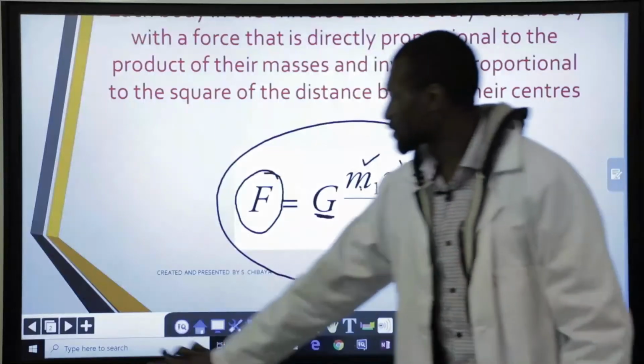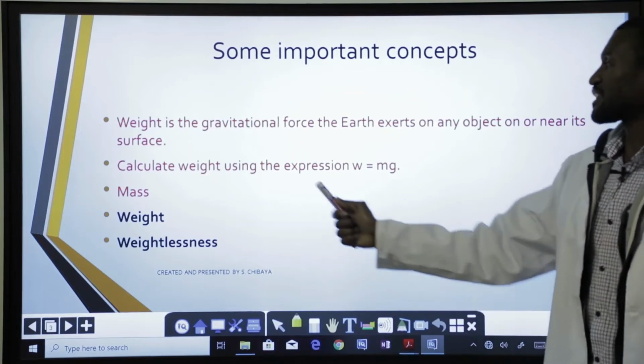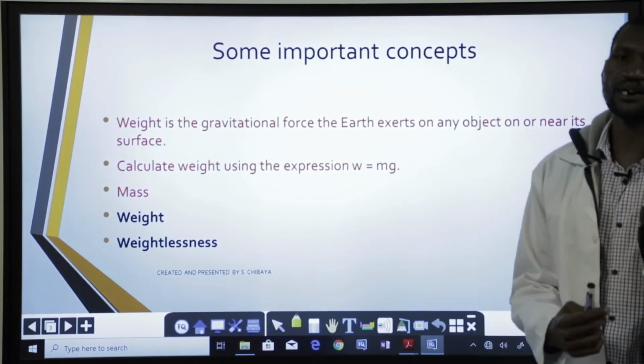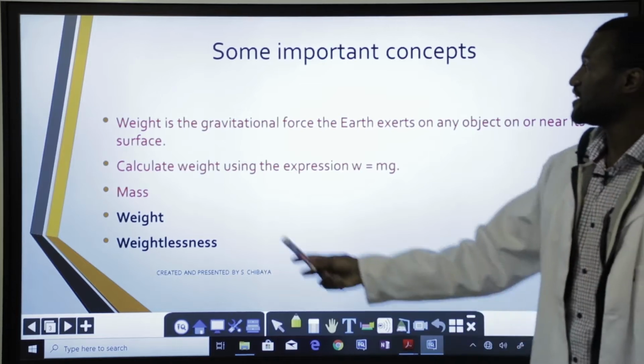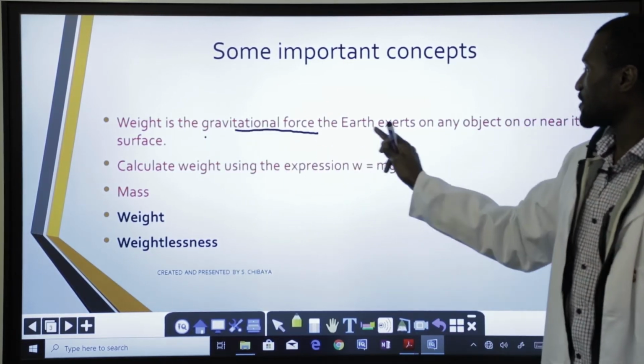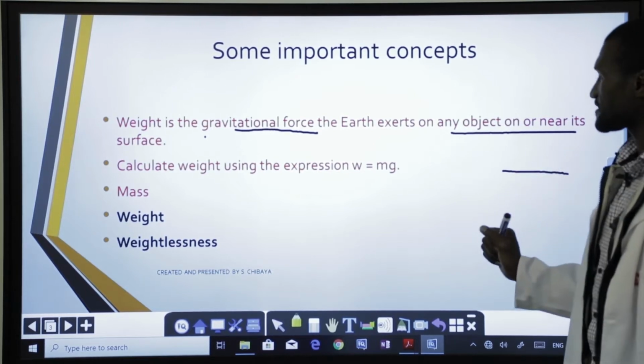Now, there are some important concepts that your exam guideline requires you to know and to think about. Concepts like weight. I told you in the video where I was talking about the different types of forces that weight is the gravitational force the Earth exerts on any object that is near its surface.